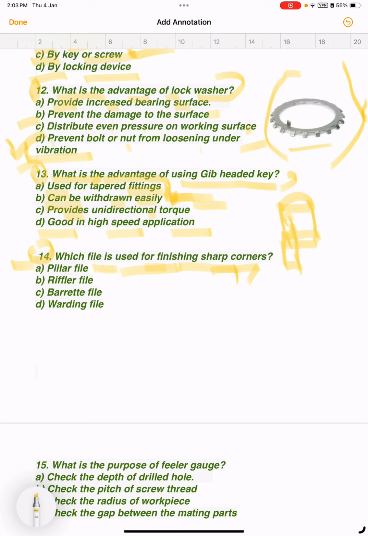Pillar file, riffler file, barrette file, warding file. This is a difficult question. The pillar file is not for this. Riffler file, no. The warding file has other purposes. Barrette file is the answer.